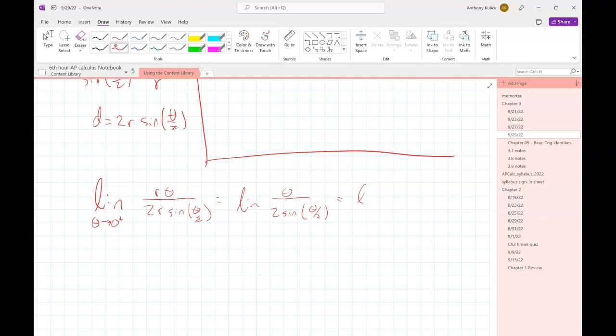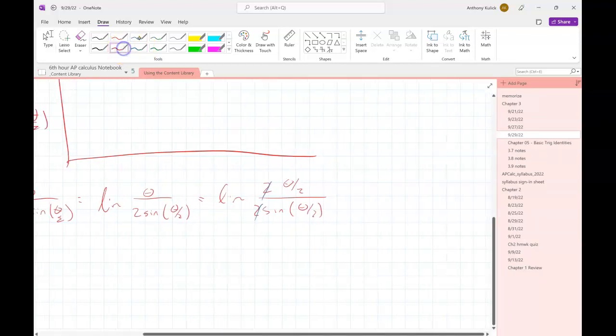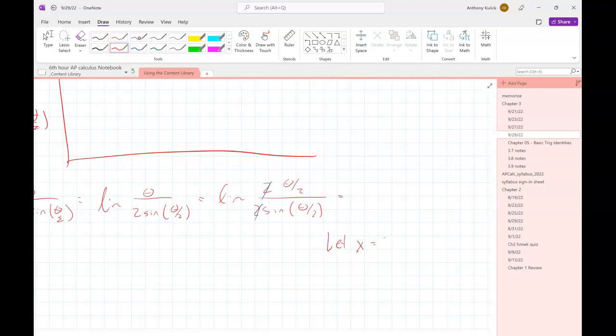And then what they did is they wrote theta as 2 times theta over 2, so that these guys could cancel. And then they did a change of variable. So let x equal theta over 2.